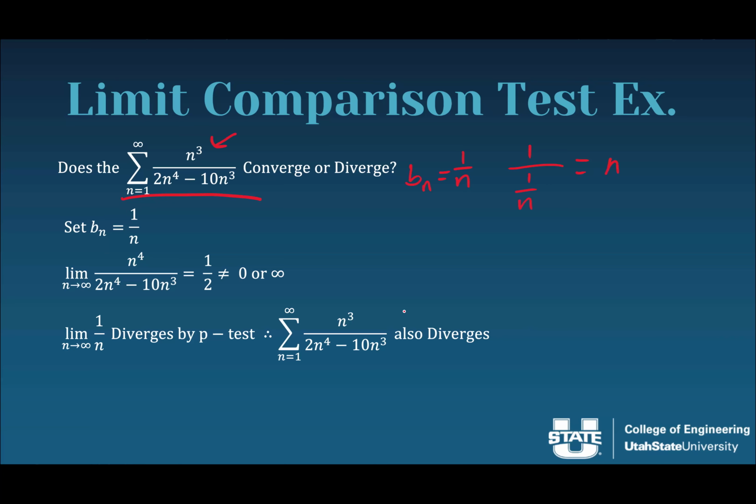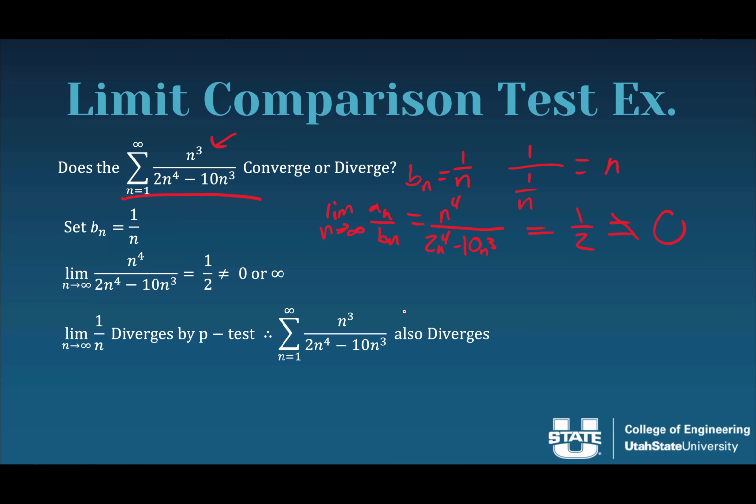Multiplying by n, which is what I want. Because if I take the limit, n goes to infinity, of a sub n over b sub n, that will give me n to the 4th divided by 2n to the 4th minus 10n to the 3rd, right? And then what would be my limit as that goes to infinity? 1/2, exactly, which does not equal 0.